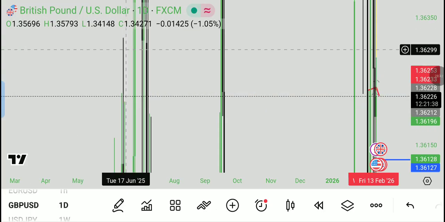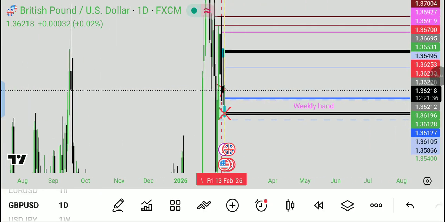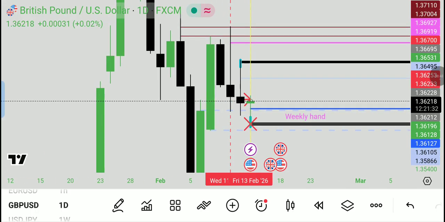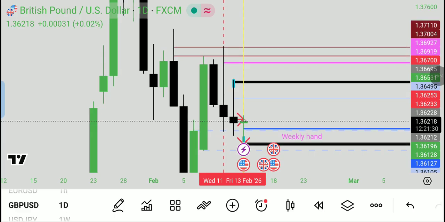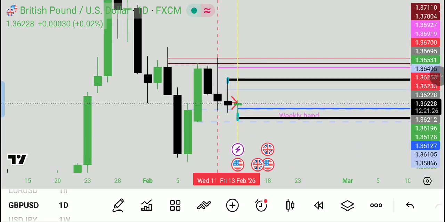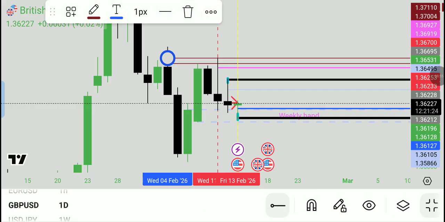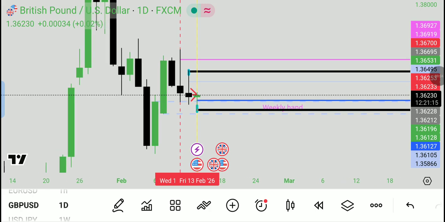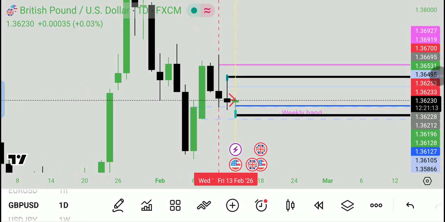Check the data frame. Alright, I said in my previous video that I'm going to be teaching about the weekly time frame, daily time frame, sorry brother. You can see here where we are.